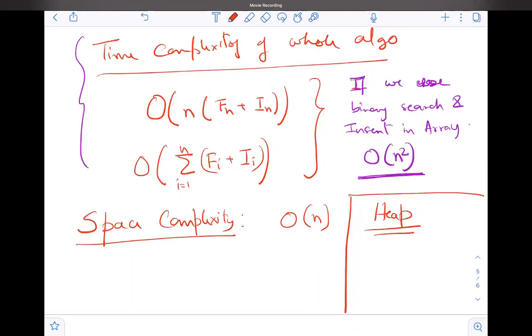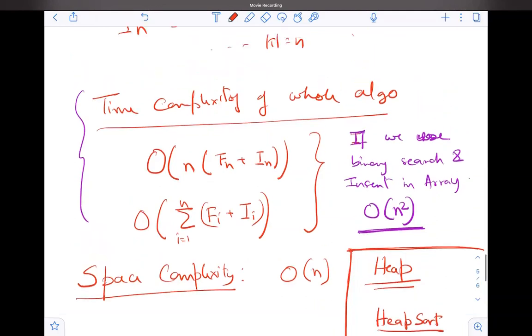This is exactly what gives us what is known as heap sort. We will talk about it maybe two classes later. But for people who are a bit ahead of this class, you can think about this direction. So there, this find plus insert will be lower.